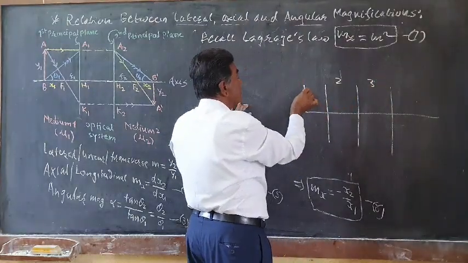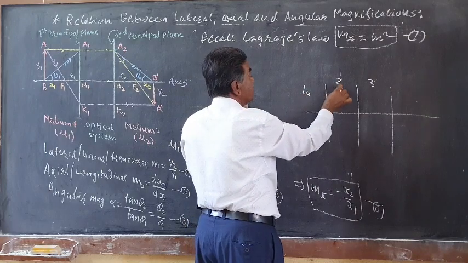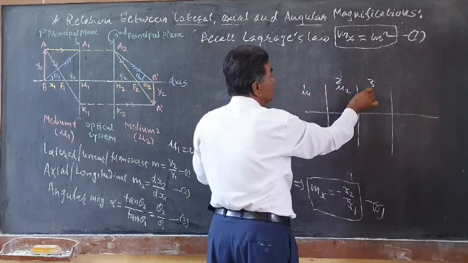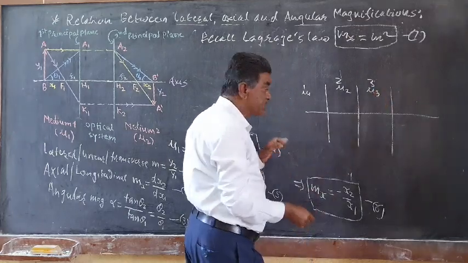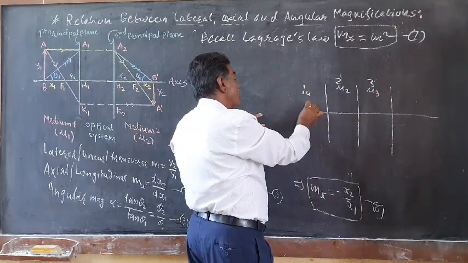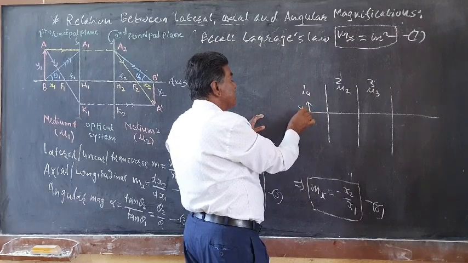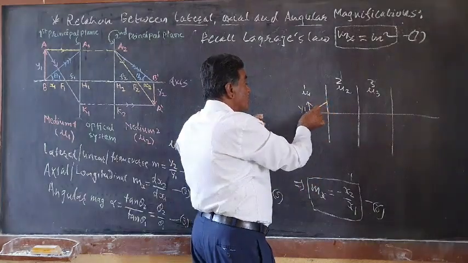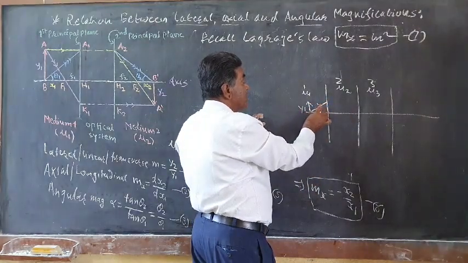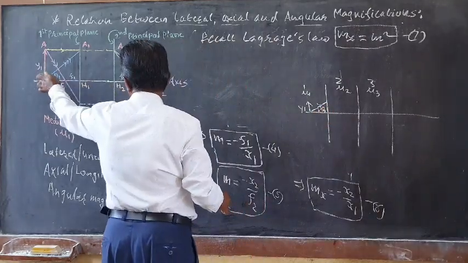The refractive index of this medium is mu1, of this medium is mu2, and of this medium is mu3. Suppose the object is placed here with height y1 on the axis, and you are getting an image. We can draw this ray which makes an angle theta1, like this.